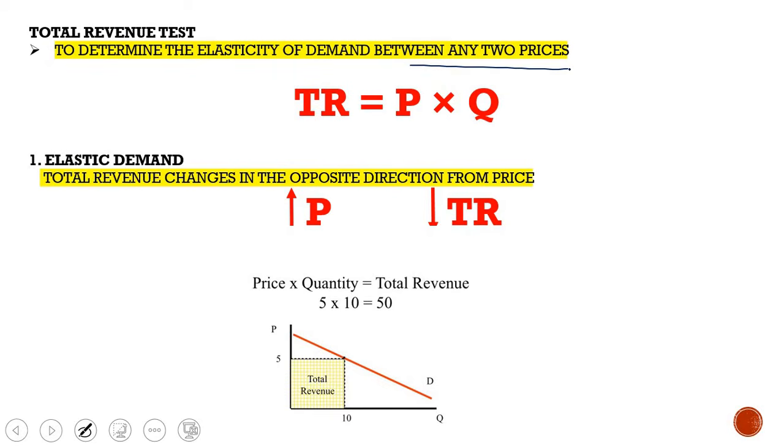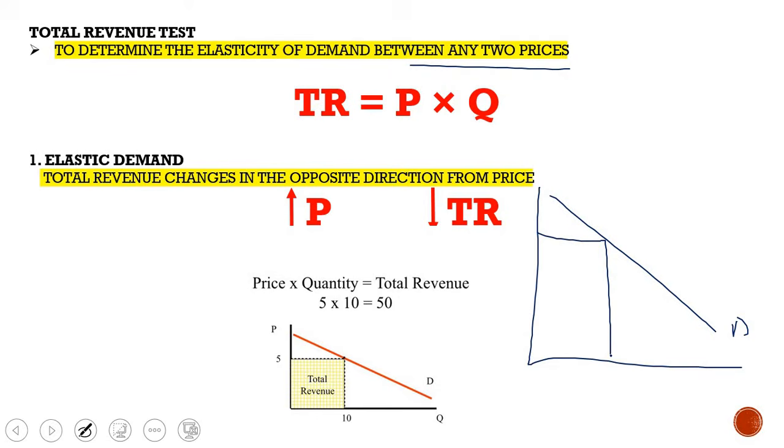Your elastic demand curve is a flatter curve compared to your inelastic demand, which is a steeper curve. If I had to give you an example, this is demand. If price had to change from 1 Rand to 2 Rand, demand will change from 40 to 10.